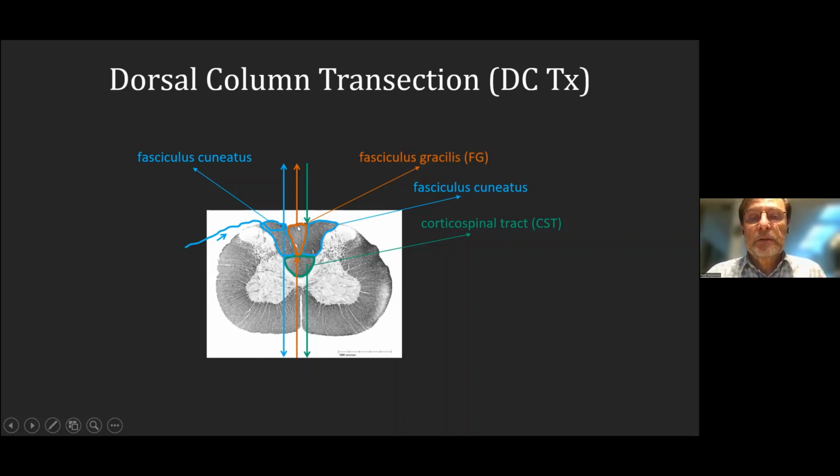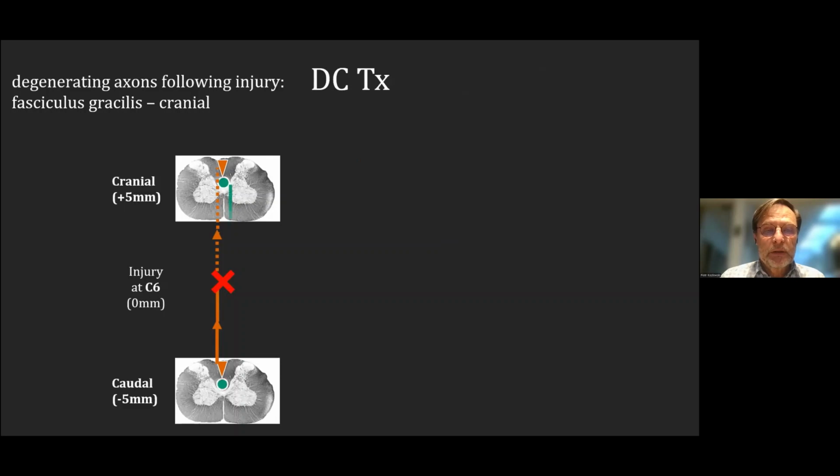The middle one is called the fasciculus gracilis, which is the ascending tract. The corticospinal tract here in this position is a descending tract, and then the fasciculus cuneatus actually contains both ascending and descending tracts.